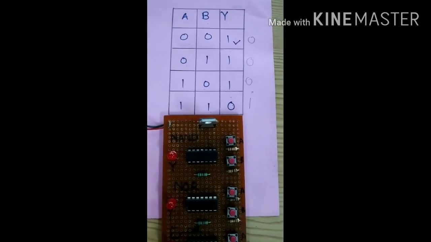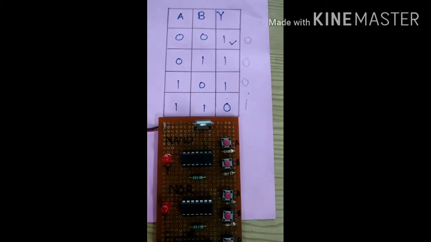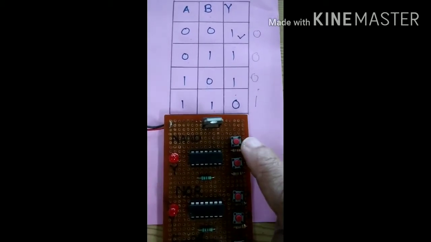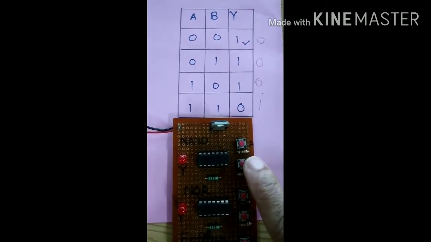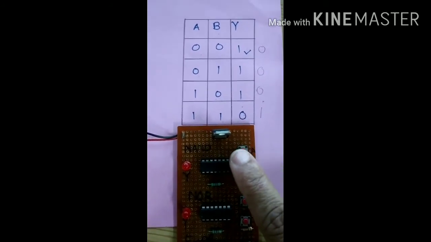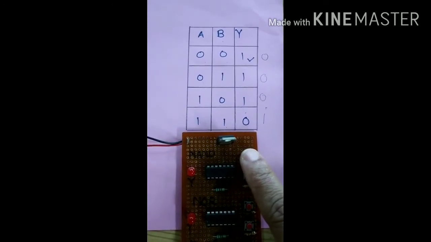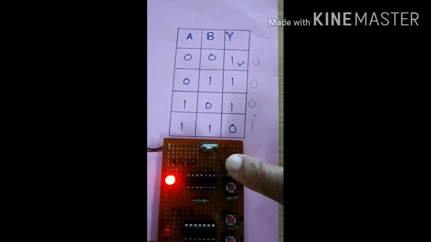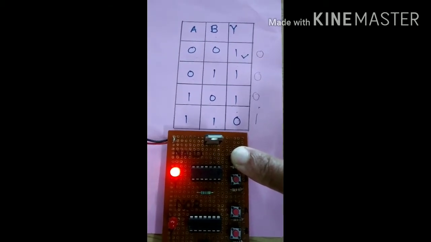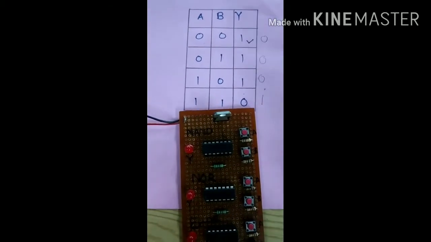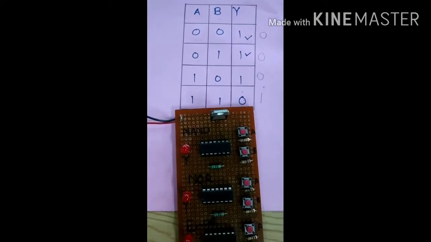Now second condition: A is 0 and B is 1. So in rest condition B is 1. When I am pressing A, then it is 0. So 0 1, output is 1. That means LED is glowing.